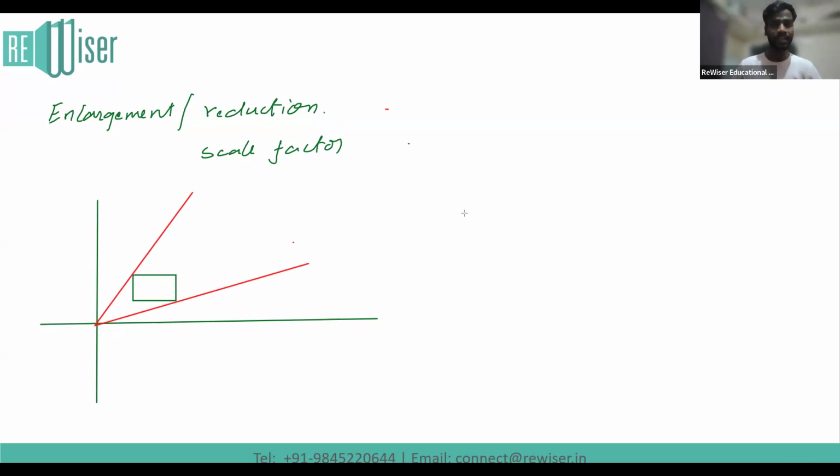When that happens, we need to count how many steps we have from the center to this particular point. So if it is 3 steps and 3 steps, and if the scale factor is 2, then it's going to be 6 steps and 6 steps.